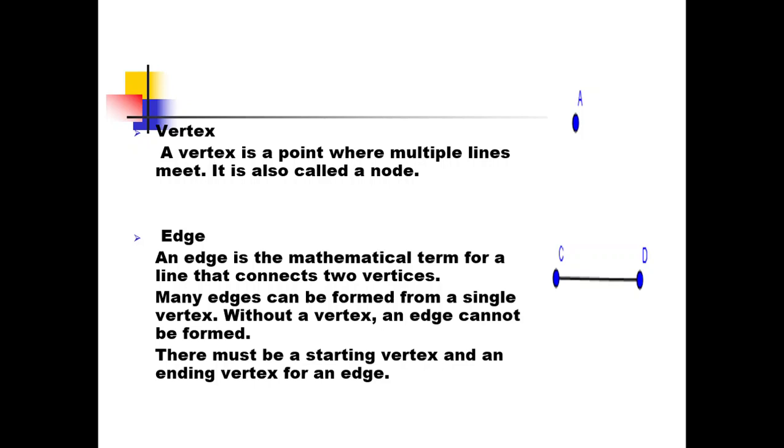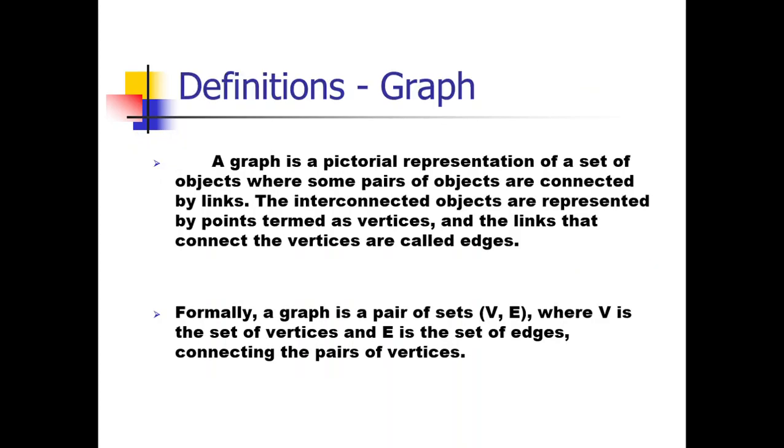Without a vertex, we cannot define the edge; we cannot draw the edge there. So to create any graph, you should have at least one vertex. Now the definition of a graph. A graph is a pictorial representation of a set of objects where some pairs of objects are connected by links.